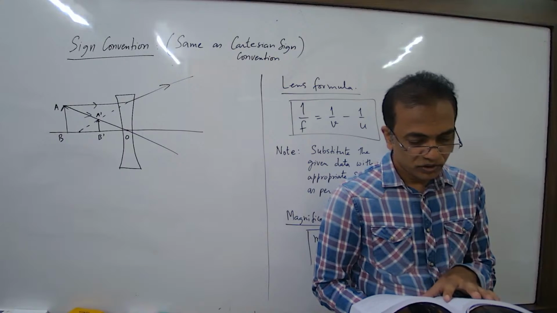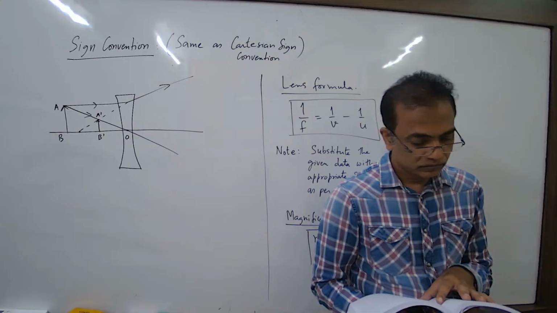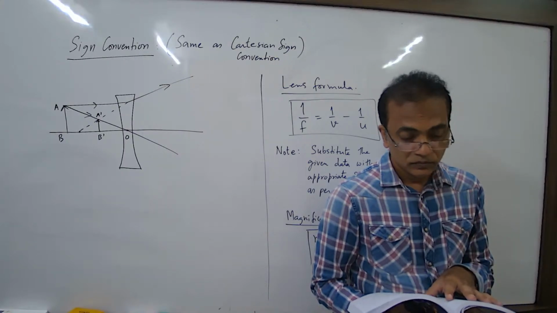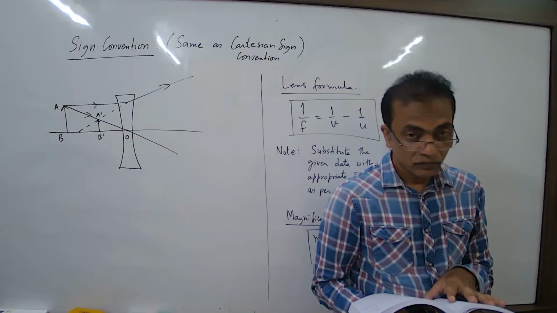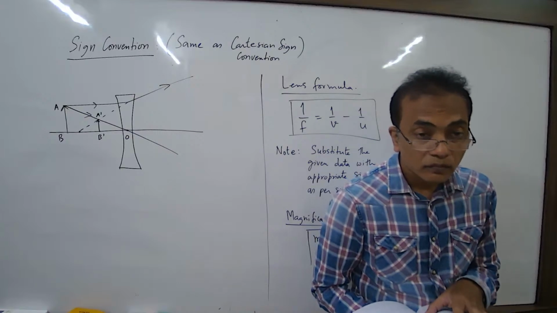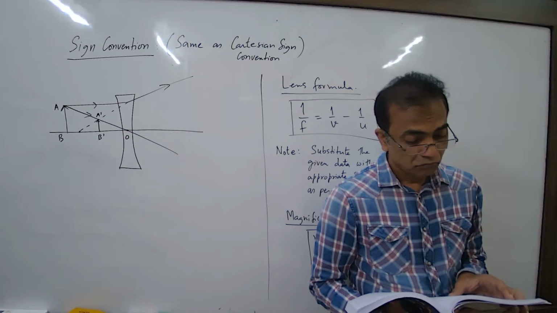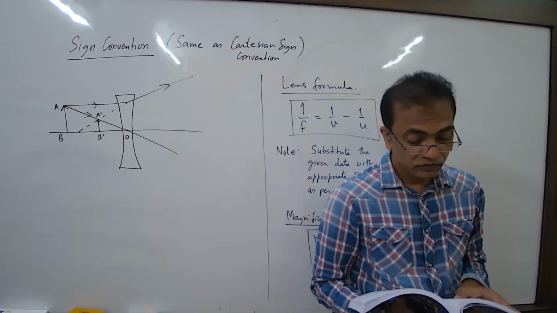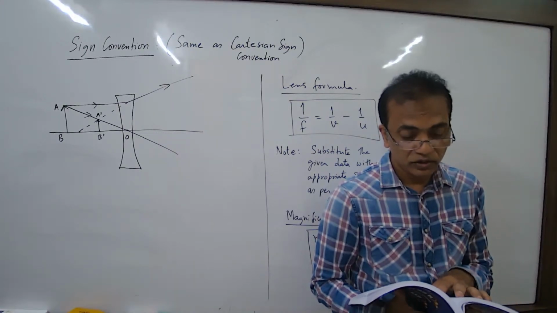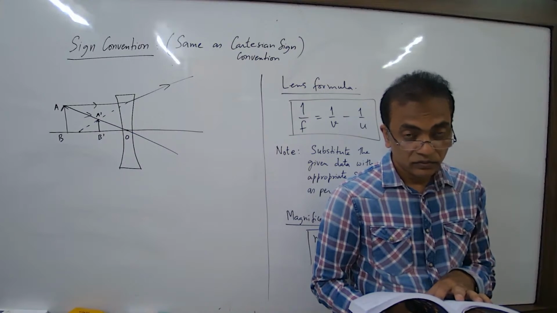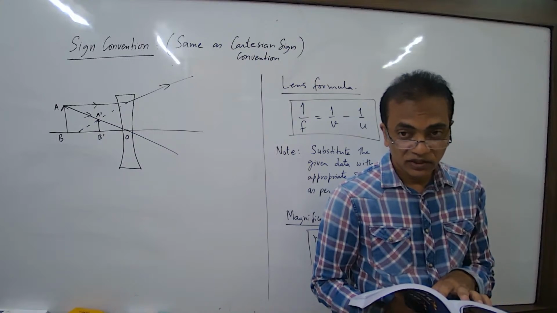So what are the points O and O dash called? 2F in front of the lens. 2F? No, O is not 2F. O is F. O is between. This diagram is not given quite symmetric, that's why.